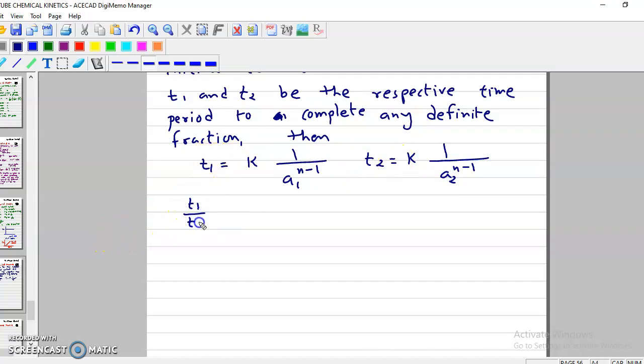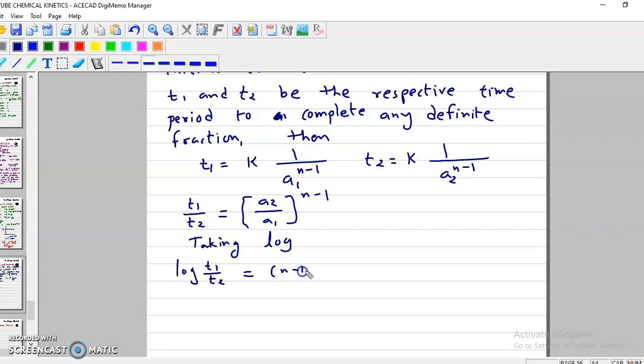So T1 upon T2 is equal to A2 upon A1 raised to n minus 1. Taking log on both the sides, we write log T1 upon T2 is equal to n minus 1 log A2 upon A1.